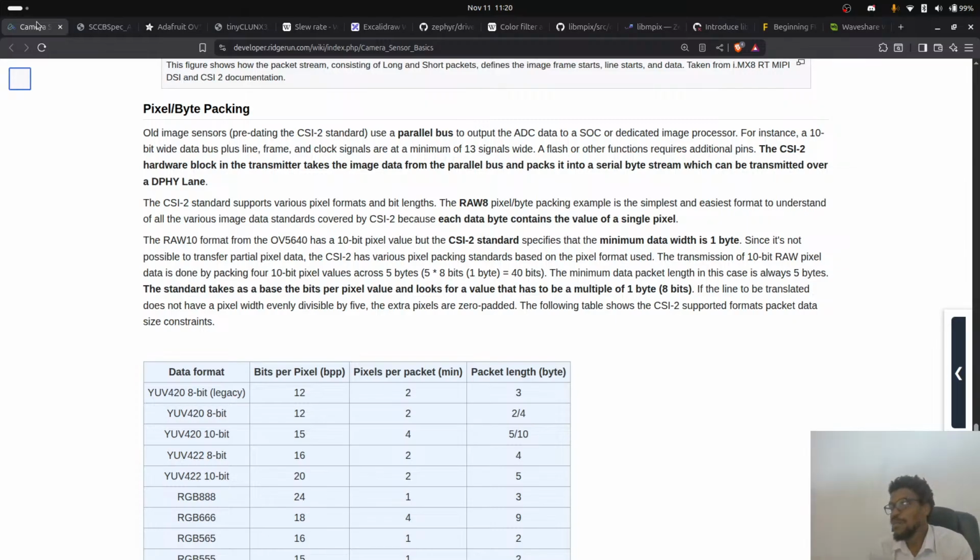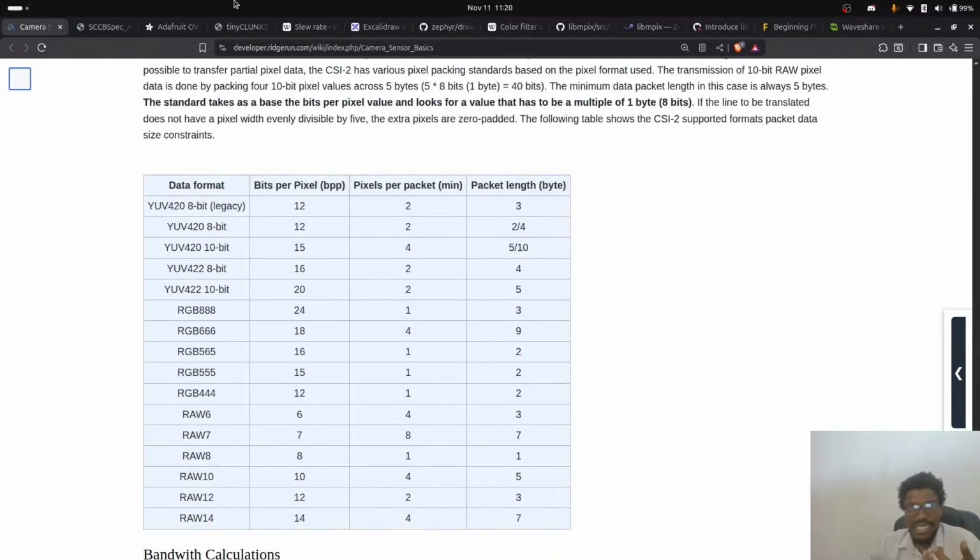Also, remember, MIPI can move data at gigahertz speed, and most microcontrollers are not working at gigahertz speed. So you have to consider this. Pixel and byte parking is the thing that we looked at when we looked at the color filter arrays. That's how the bytes are arranged, how you consume them, and how it makes a pixel.